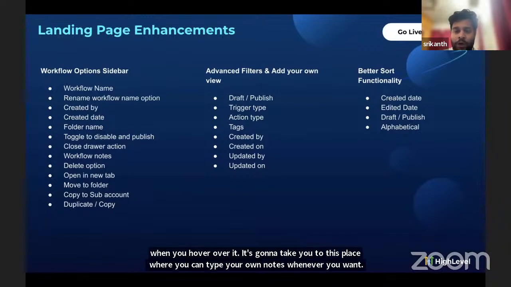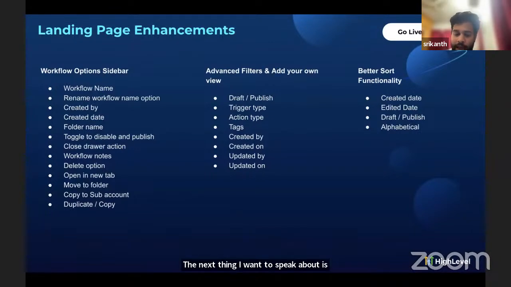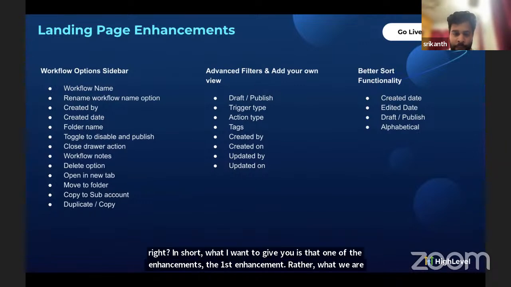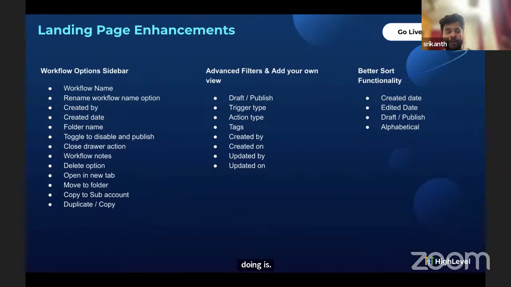The next thing I want to speak about is the landing page enhancements. Unfortunately, I don't have an image or a Figma to show you, but in short, the first enhancement is a new sidebar in the workflow listing page itself.